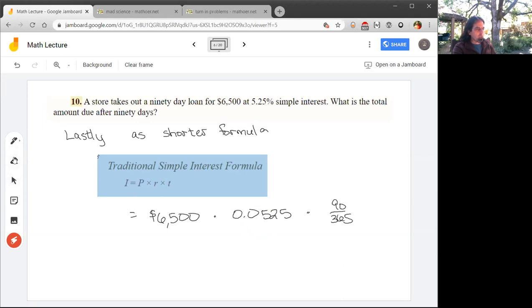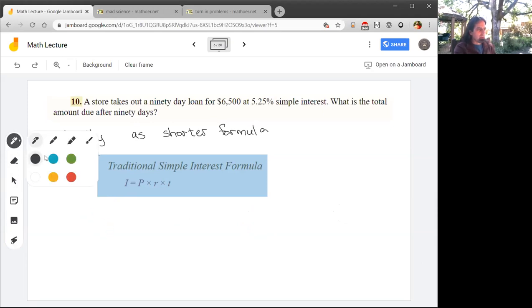So if you're using the shorter formula, then I very much encourage you to list out all the things first, which is a good practice for how to treat formulas anyway.